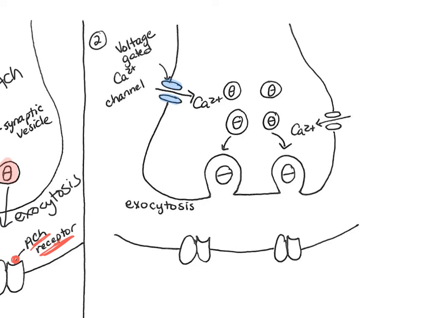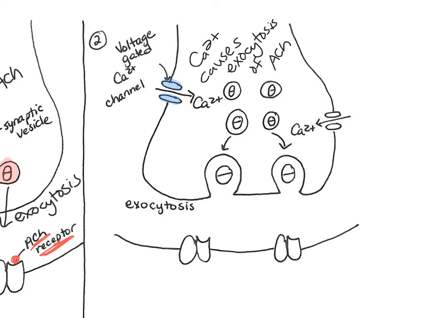And when calcium comes in through these calcium channels, this is what's going to cause the exocytosis. The calcium coming in causes the exocytosis of acetylcholine.